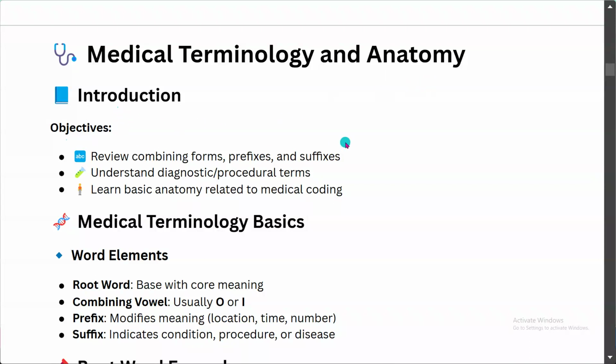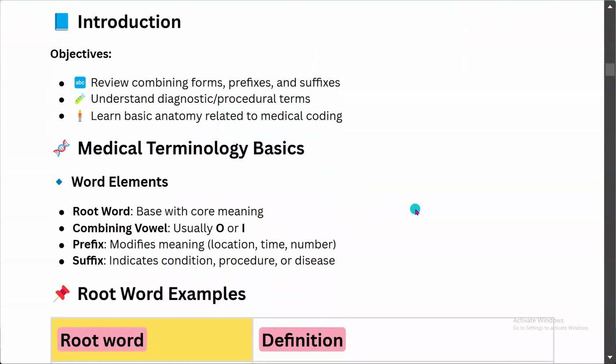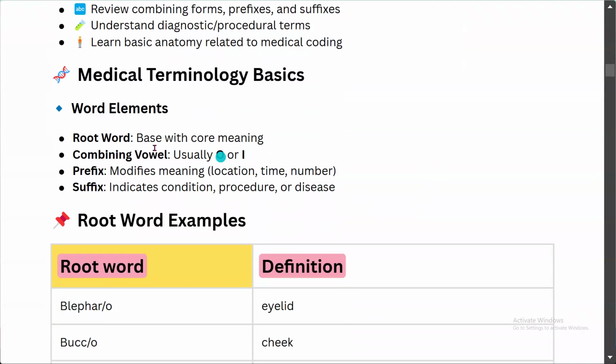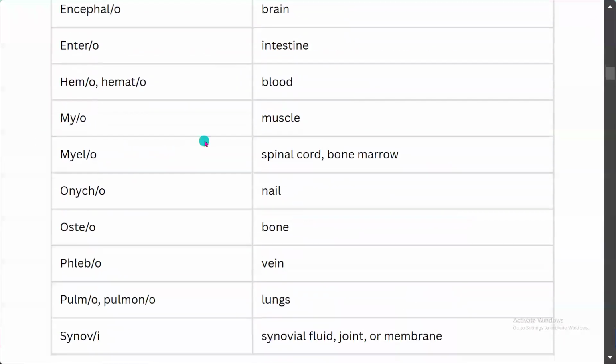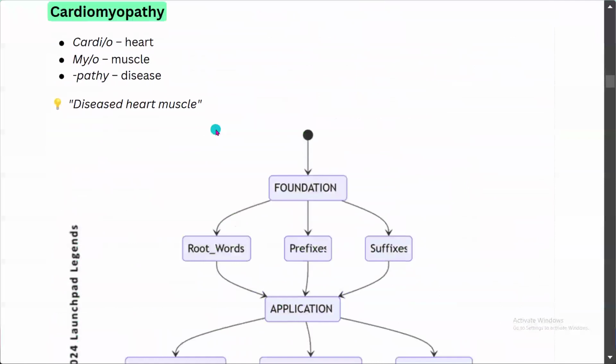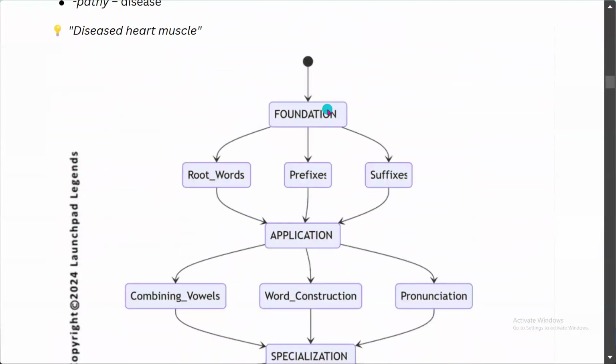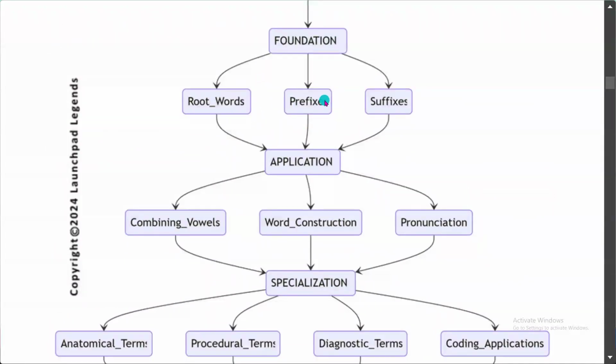So the ultimate objective of this medical terminology and anatomy: you will review combining forms, prefix, suffix, understand diagnostic and procedural terms, and learn basic anatomy related to medical coding. And the medical terminology basics, like word elements, what I just told you: root word, combining vowel, prefix, suffix.